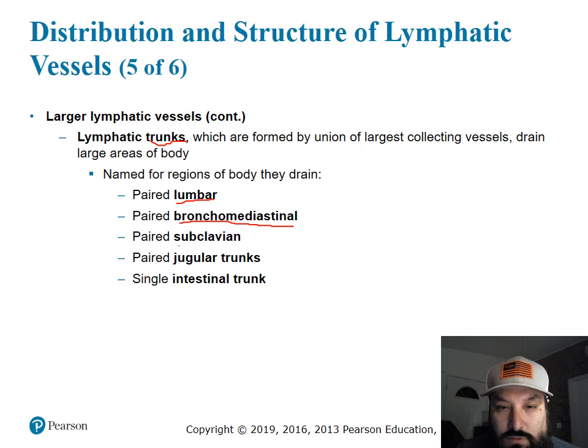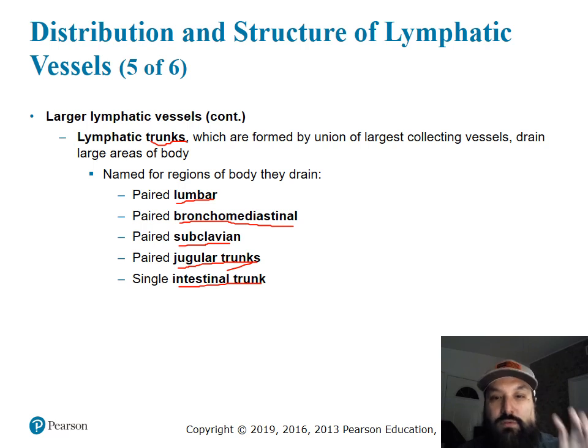Bronchiomediastinal, subclavian, jugular trunk, and intestinal trunk. You have to go back to your regions, but they are named for the region where this fluid drains from. All the capillaries and collecting vessels become a trunk, and all that fluid is coming from a region. That's how we name these trunks.